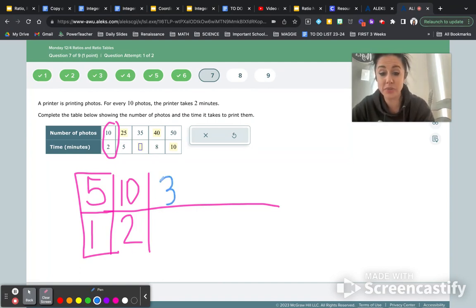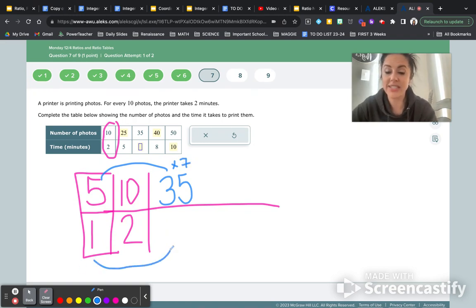Now it's really easy for me to get to 35, right? Because I know 5 times what is 35. If I do 5 times 7 is 35, then I know I can take 1 times 7 to get 7, right?